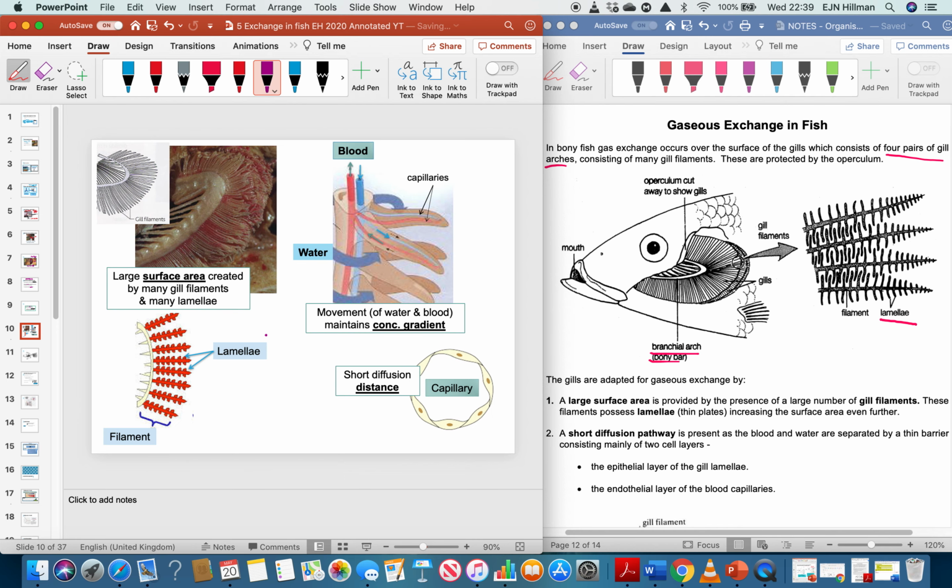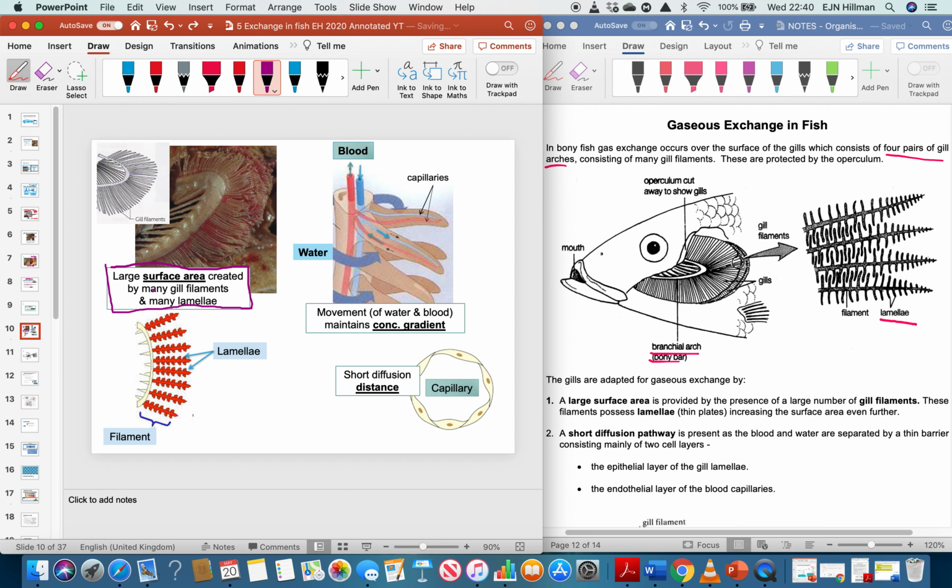So, here are those adaptations again. These are the responses you could use in an exam, okay, to describe the structures and to explain their adaptation. So, they have a very large surface area created by many gill filaments and many lamellae.